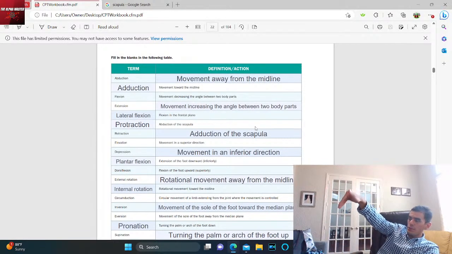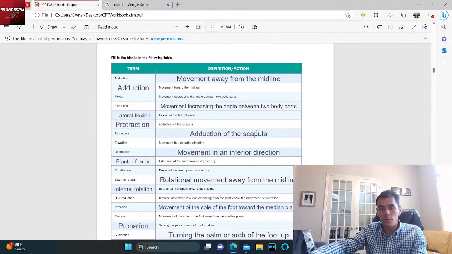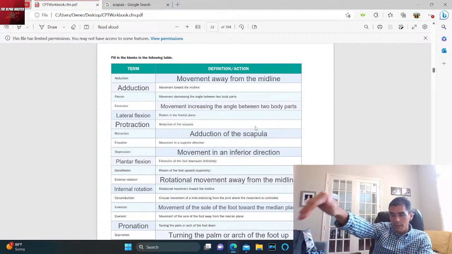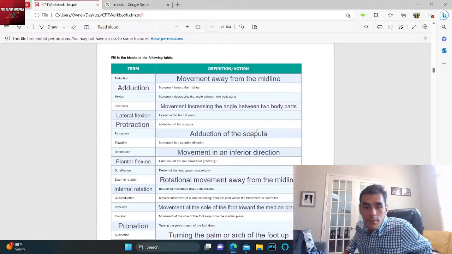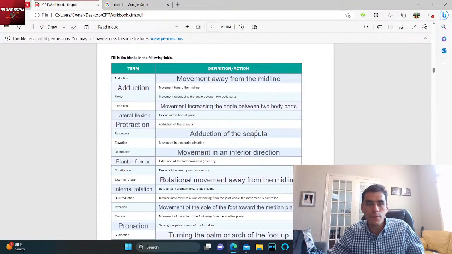Plantar flexion, you're planting it, that's why it's extension of the foot downward inferiorly, and with dorsiflexion you're flexing the foot upward superiorly.